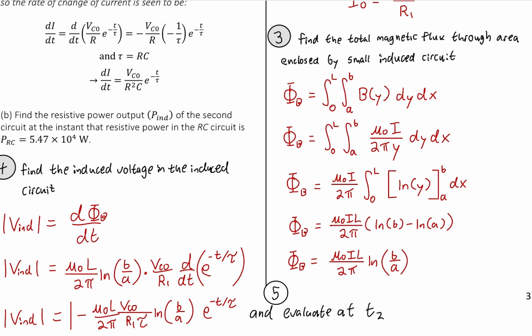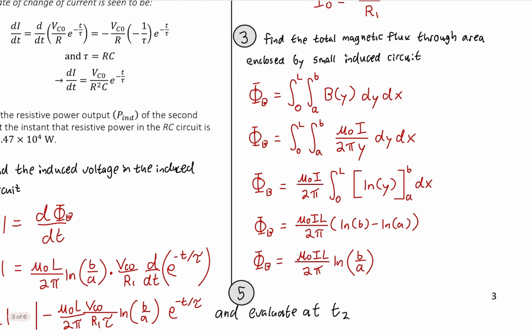We're nearly done, so I figure I'll just squeeze in the last couple. The very last step is just to use Ohm's law to find the current. So the last step: use Ohm's law to find current in induced circuit.